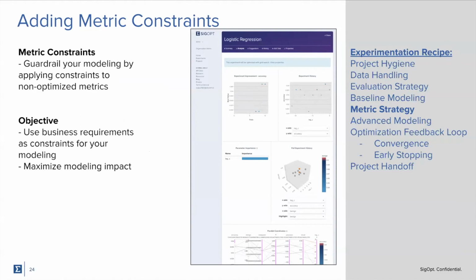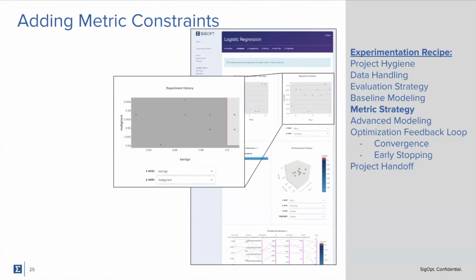This is simply you saying, I have this unoptimized metric, trying to predict how good I am at looking at these benign and malignant samples, and I have these business constraints. Let's add them to these metrics. Again, these are not the metrics you're trying to optimize. Think of them as guardrail metrics, saying, okay, from a business point of view, I need to beat these thresholds while still trying to optimize my accuracy.